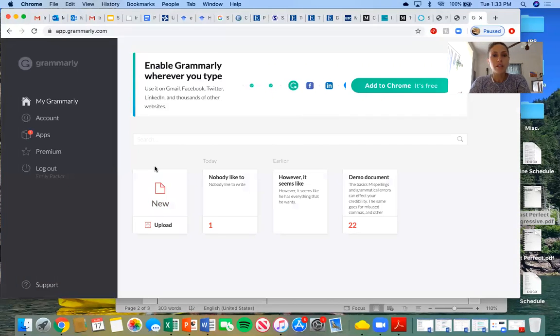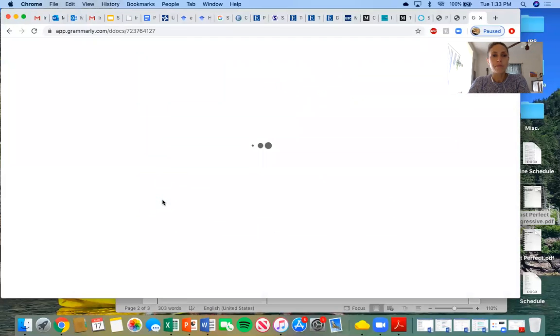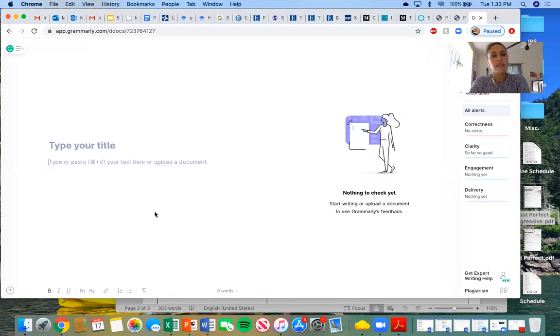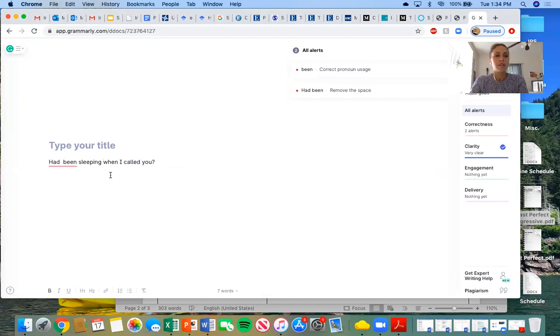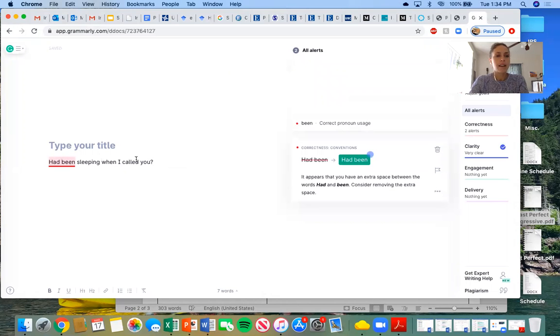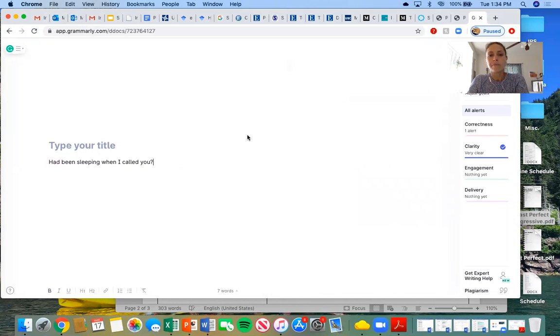So we log into Grammarly, we press new, or we can upload a document, and we can write a sentence. So you could say, had you been sleeping when I called you? And it checks you. So on the right-hand side, it says correctness looks good, clarity very clear. So this looks perfect. But in case you had messed up the word order, you could say had been sleeping when I called you.